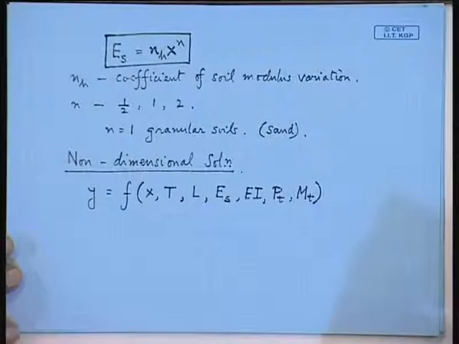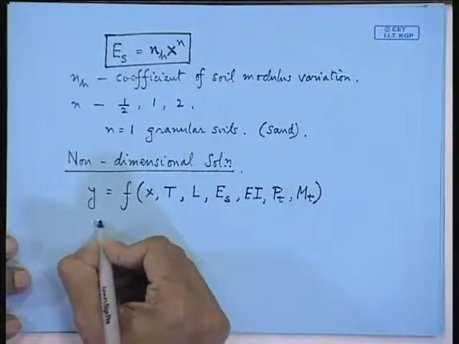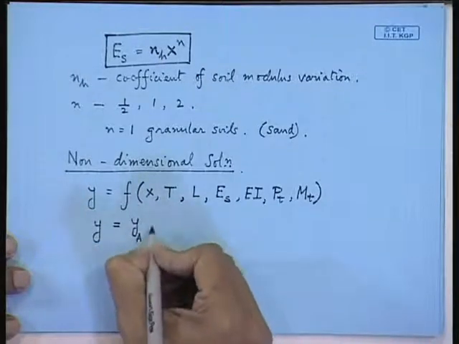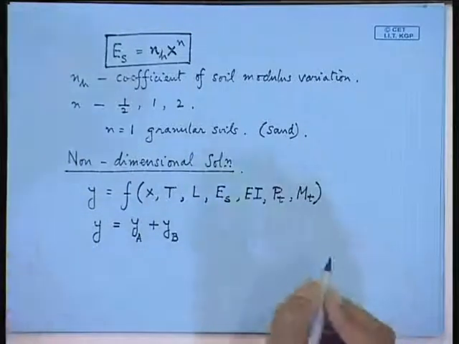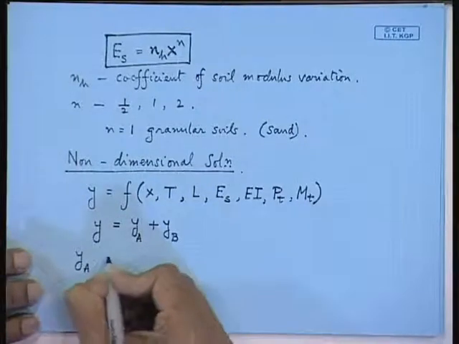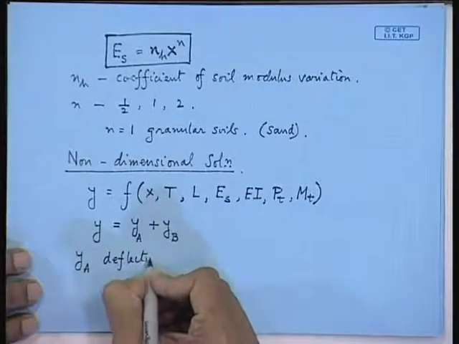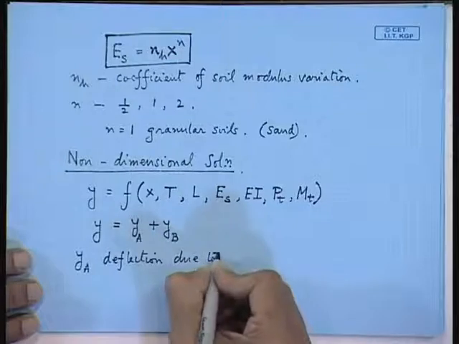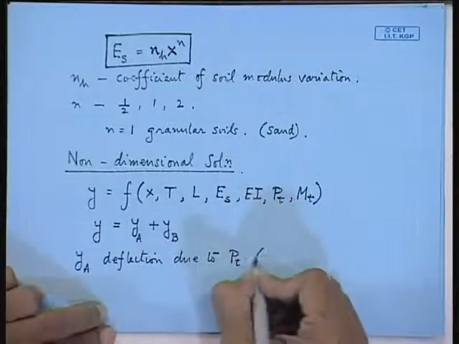So, this is your non-dimensional equation, and deflection you write y equals YA plus YB. YA is deflection due to PT, that is horizontal load.